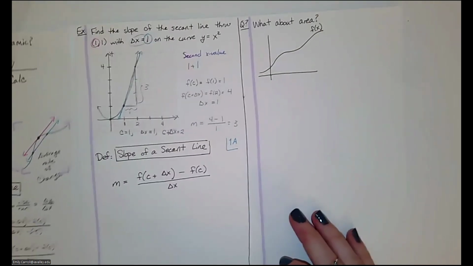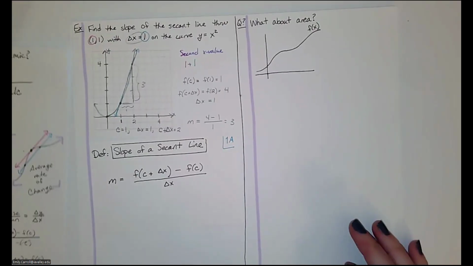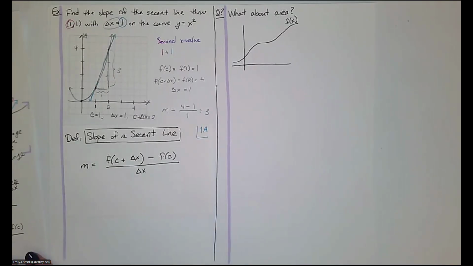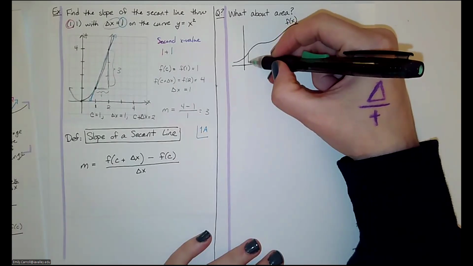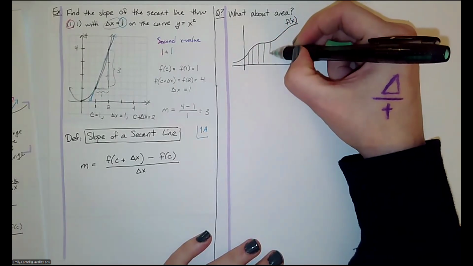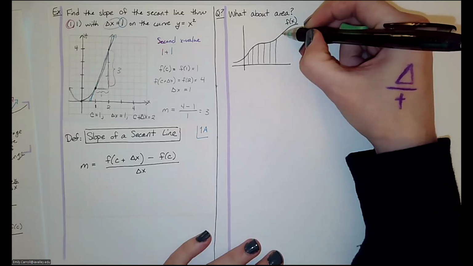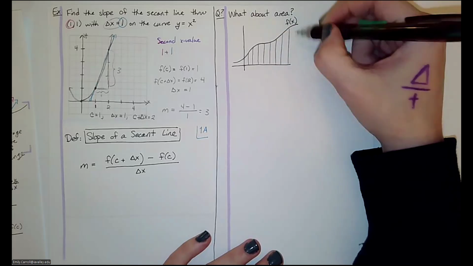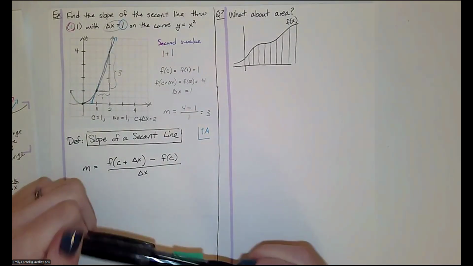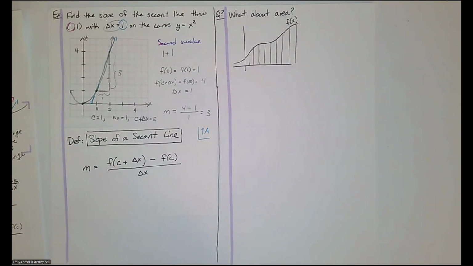What about area? I mentioned we're going to eventually be interested in the area underneath a sine curve, right? This takes a little bit more doing to picture. But the general strategy is we're going to take slices, something like this. Now, if I could find the area of each slice, I could add those up, and that would total up to the area of the thing that I want.